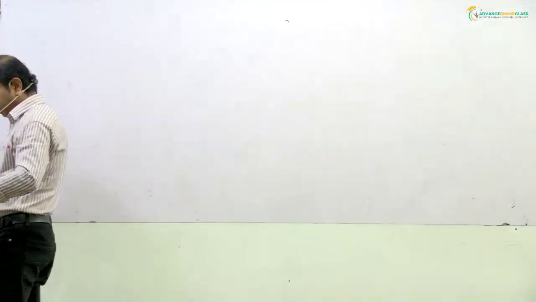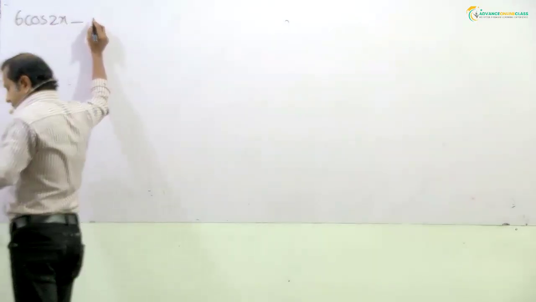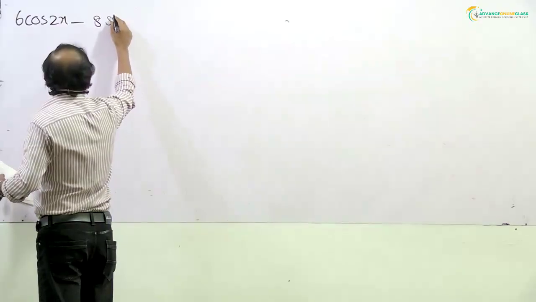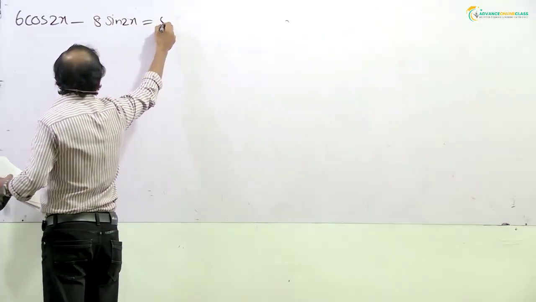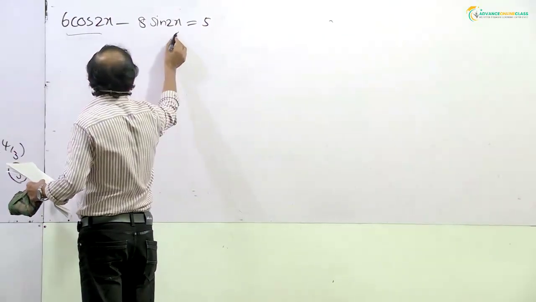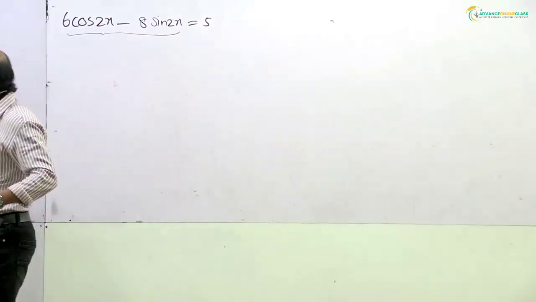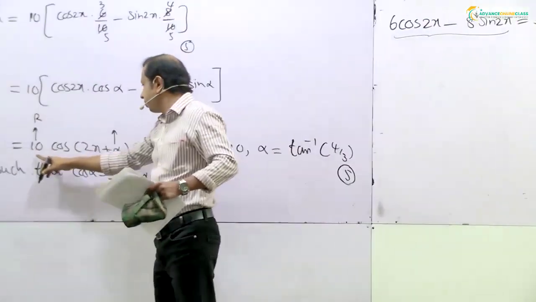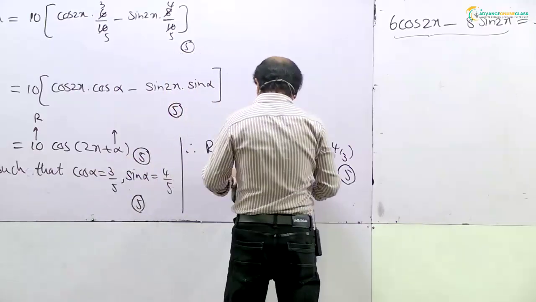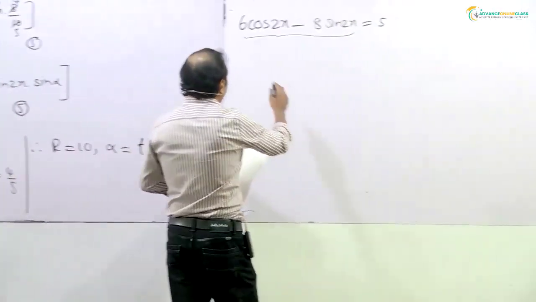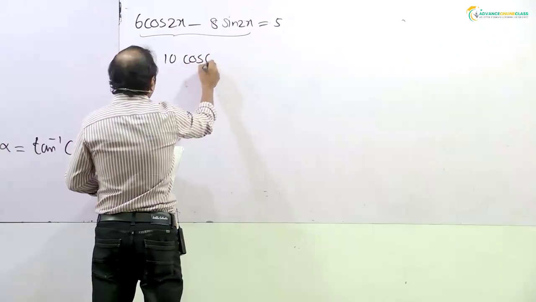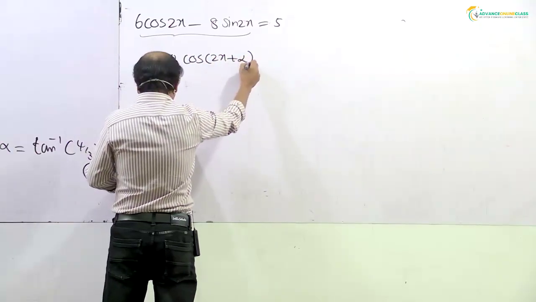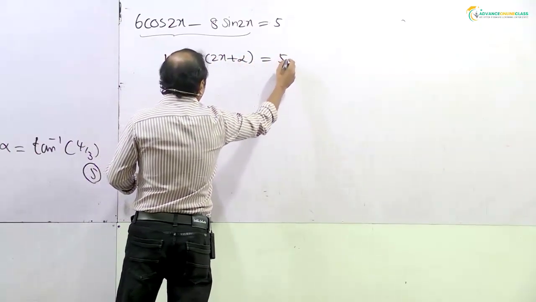Write the paper. Okay. Now, next one is asking 6 cos 2x minus 8 sin 2x equals 5. Just now we found 6 cos 2x minus 8 sin 2x as this. I put that there: 10 cos(2x plus alpha) equals 5.